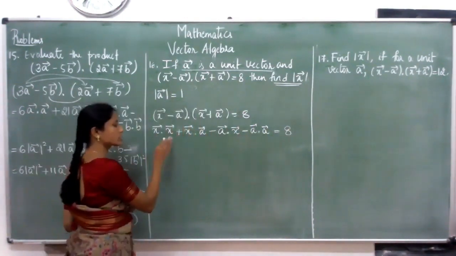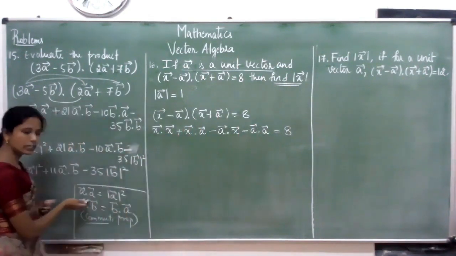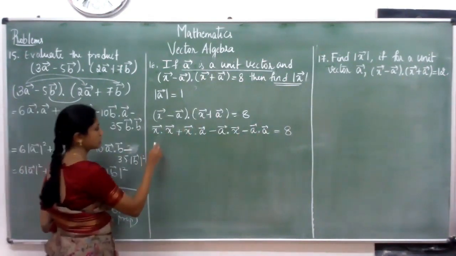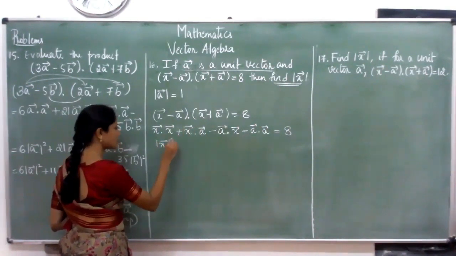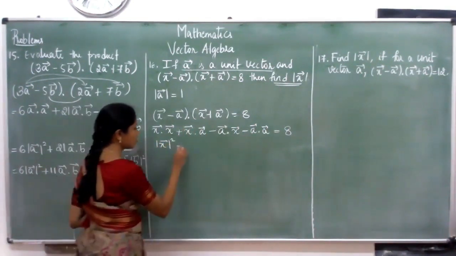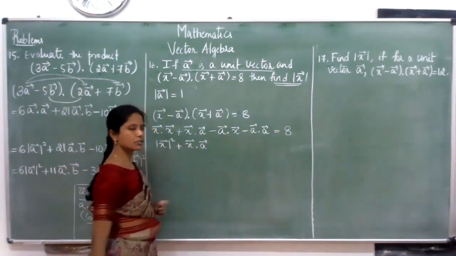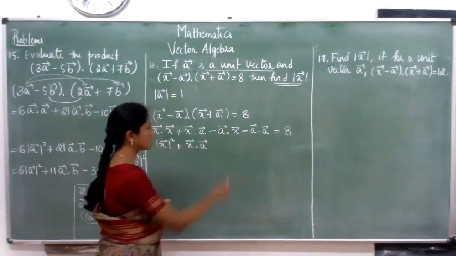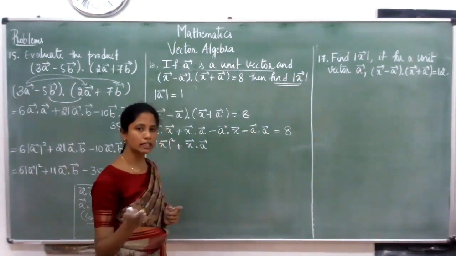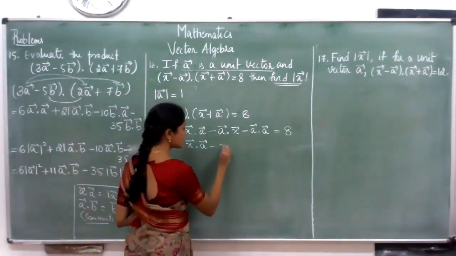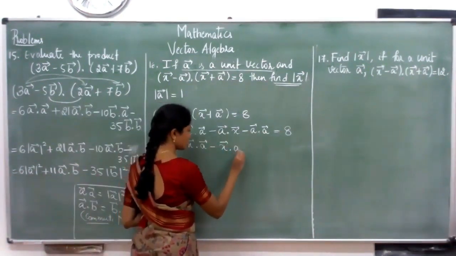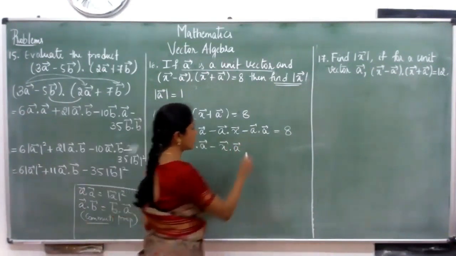Now, what is vector x dot vector x? Again, using the observation, vector x dot vector x is magnitude of vector x the whole square, plus vector x dot vector A. As we know, the dot product is commutative, I can write vector A dot vector x as vector x dot vector A, minus.